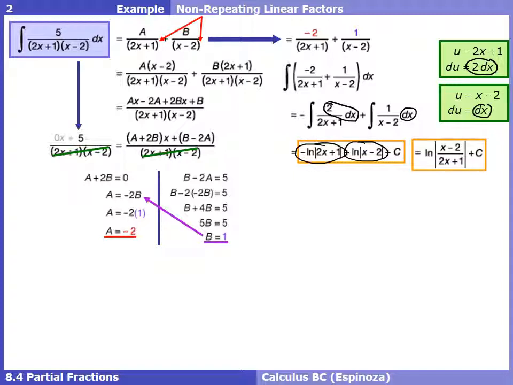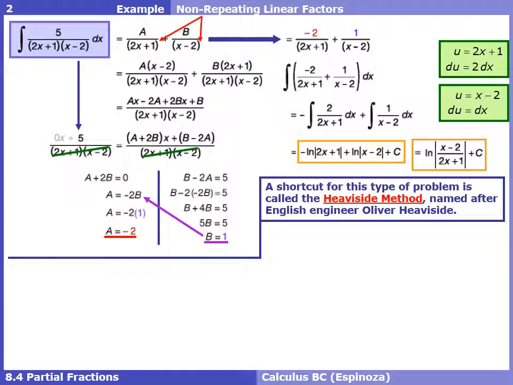I hope you remember that property of natural logs, where adding or subtracting natural logs is really a matter of multiplication or division. Since we're subtracting, we can make this one natural log, where the positive natural log goes in the top and the negative natural log goes in the bottom, and of course that still needs the absolute value around all of it.